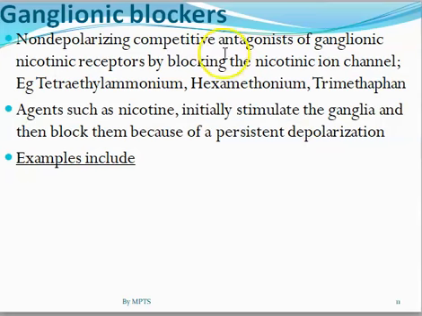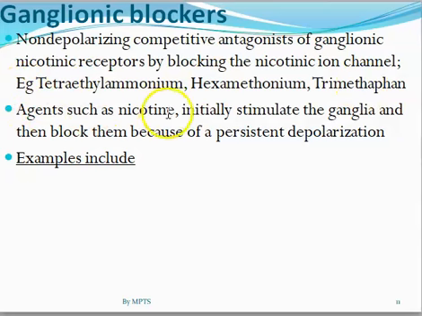The ganglionic blockers are non-depolarizing competitive antagonists of the ganglionic nicotinic receptor, acting by blocking the nicotinic ion channel. Examples are tetraethylammonium, hexamethonium, trimethaphan.